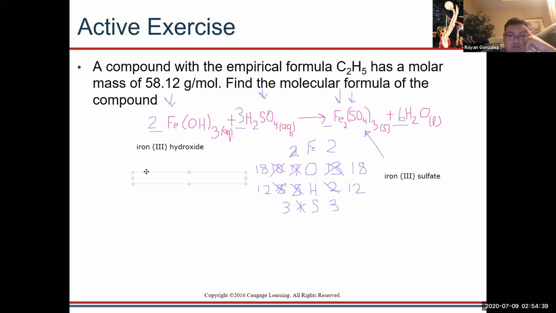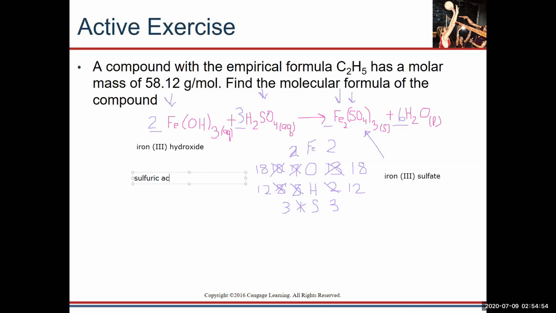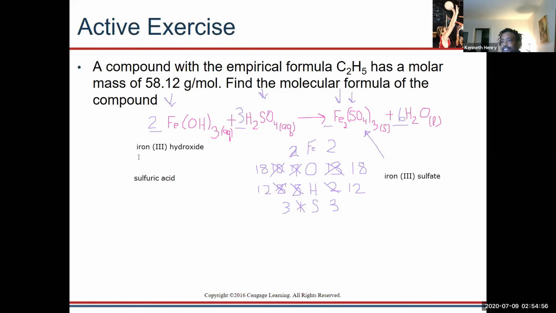Wait, no. I don't know. Sulfuric acid. You said sulfuric acid? Okay, piece of cake. So if it has hydrogen, you don't put hydro. Not if it has oxygen. Oh, it's oxygen. Okay.